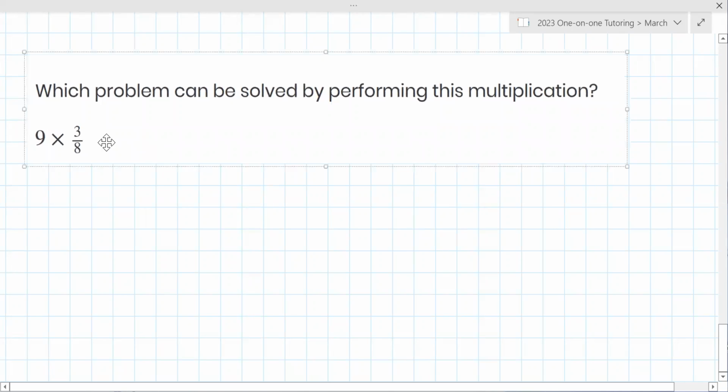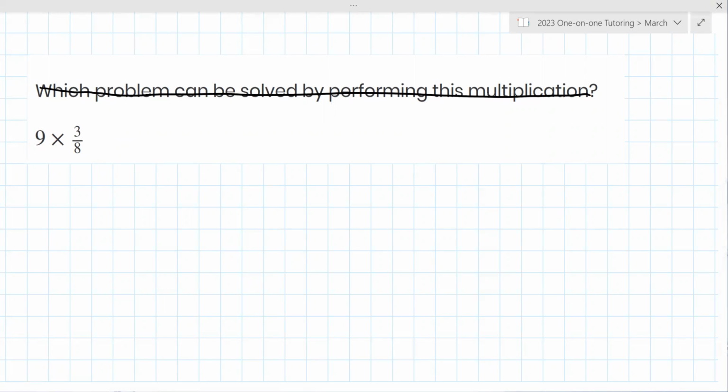All right, so don't worry about which problem can be solved performing this multiplication. Let's actually just have you perform the multiplication. I'm doing this one on my own, right? Yes, please.